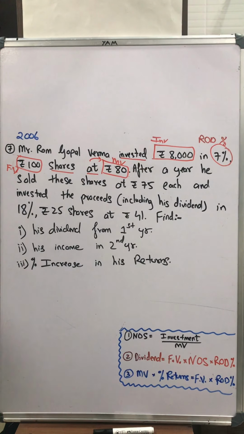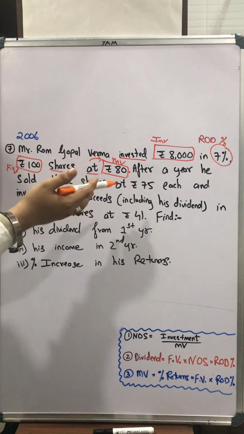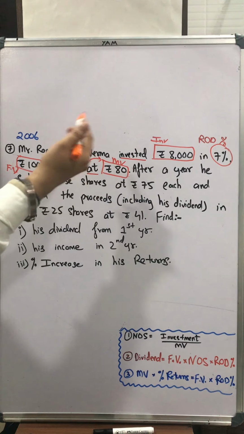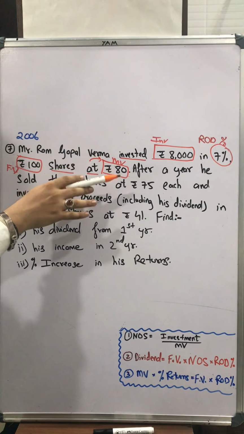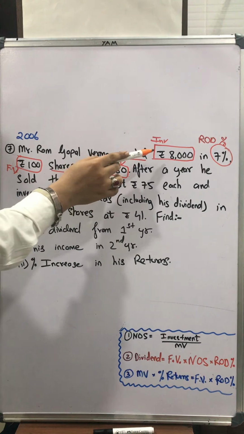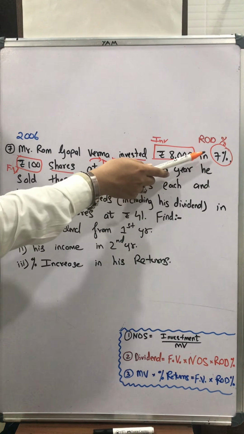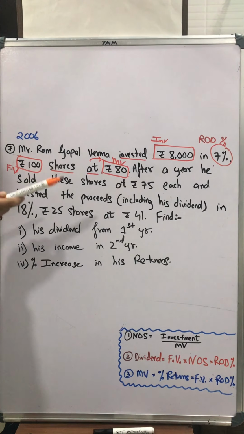Okay. So whatever shares Mr. Ram Gopal Verma was having, let's say about the first firm, he invested rupees 8,000, and the first firm was paying him 7% rate of dividend, and the shares of the first firm were available at the face value of rupees 100.